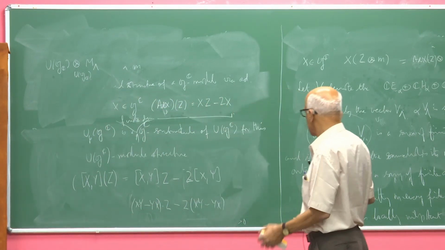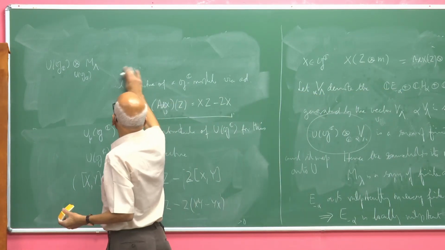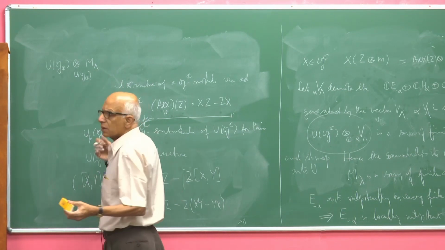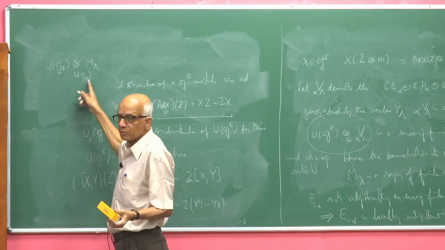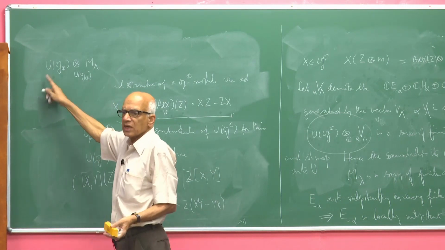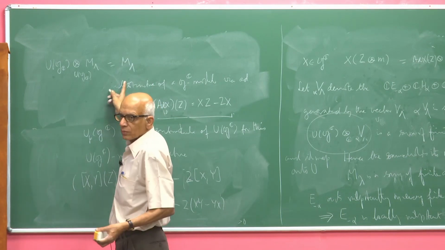That's what turns out. This is not what you are doing. No, this gives you back UG m lambda. That's what I'm saying: UG acts on the left, and this gives you m lambda as a UG module. Yes, because it's a free module.